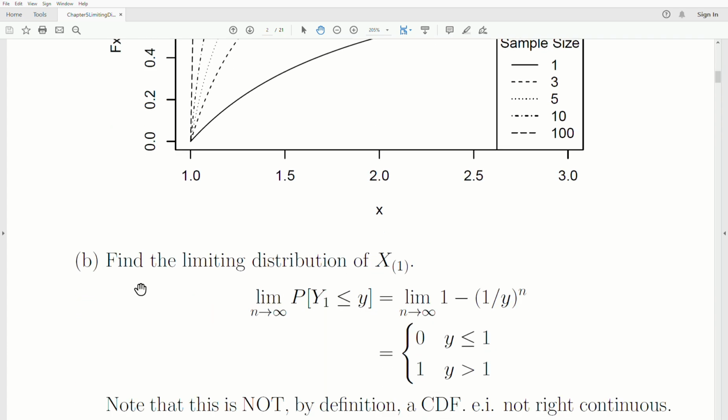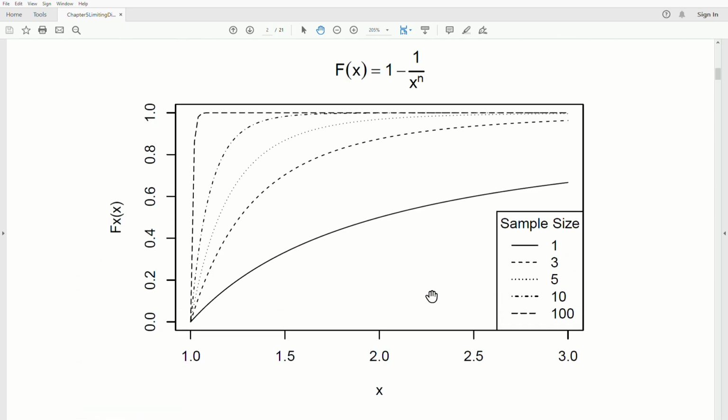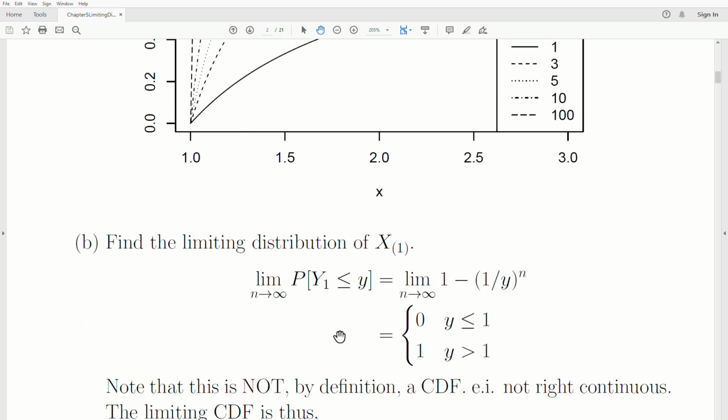So now let's find the limiting distribution of the smallest order statistic. We kind of have a hunch what it's going to look like, but let's derive it. So the limit as n goes to infinity of the CDF of Y_1, which is the smallest order statistic, so it's the probability that Y_1 is less than or equal to y, is the limit of, and this is what we derived for the CDF, 1 minus (1 over y) to the n.